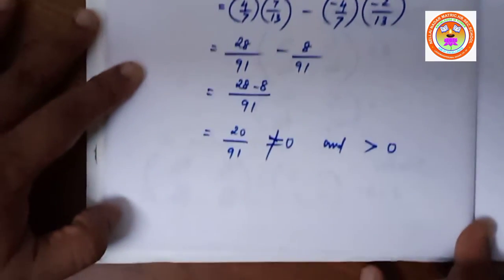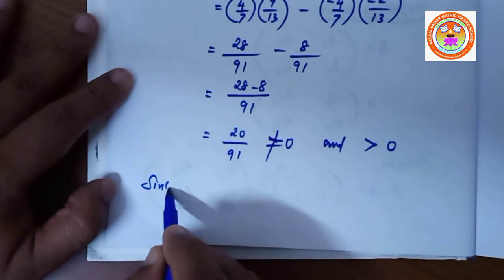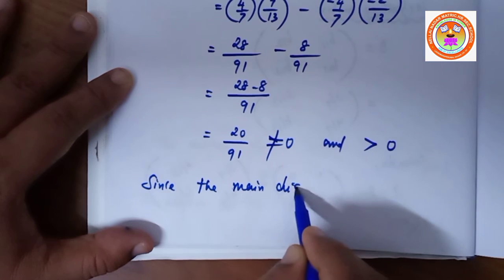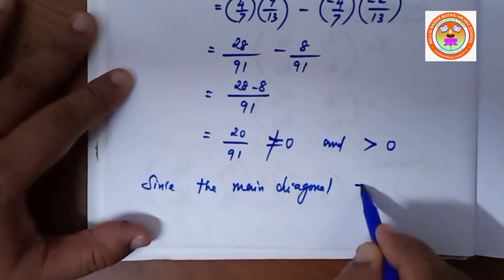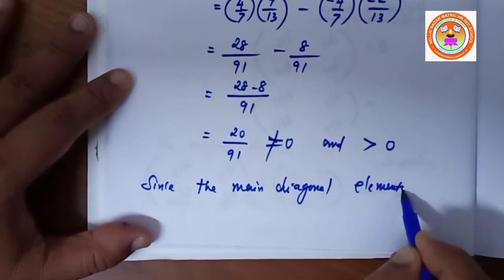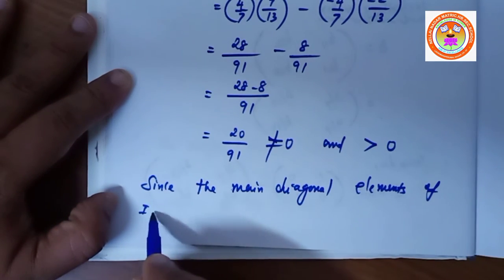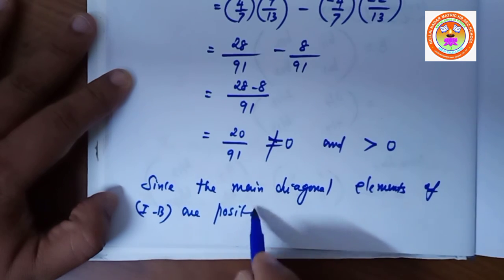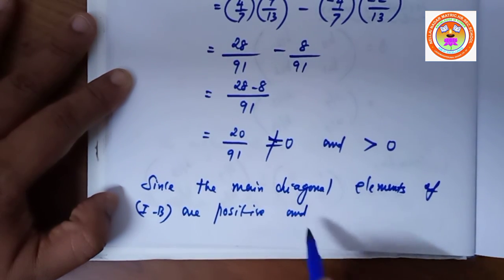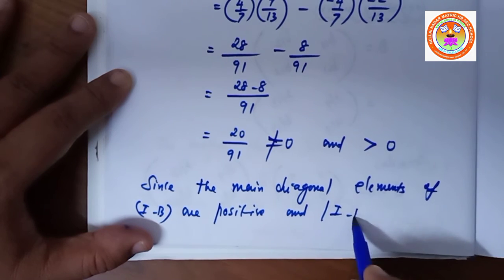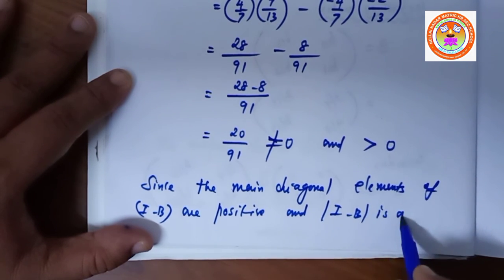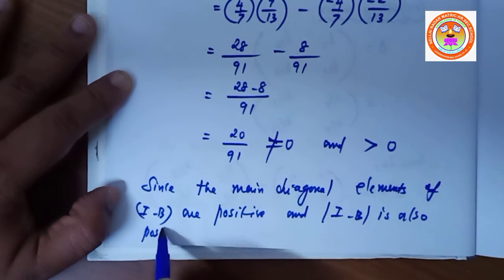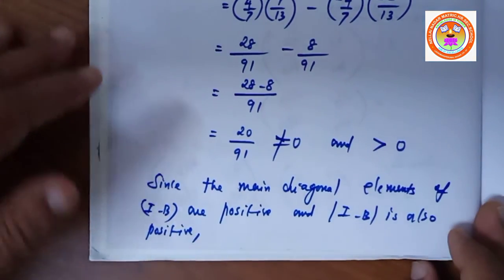Since the main diagonal elements of I minus B are positive, and the determinant of I minus B is also positive, we can verify.